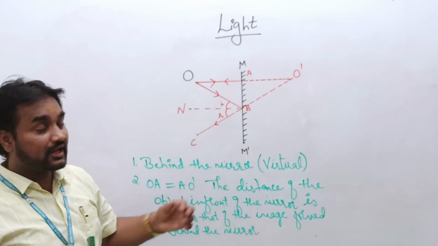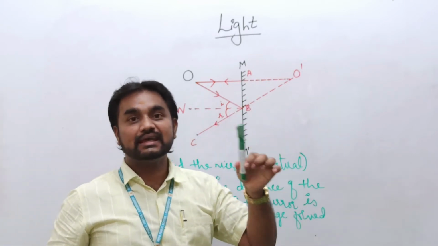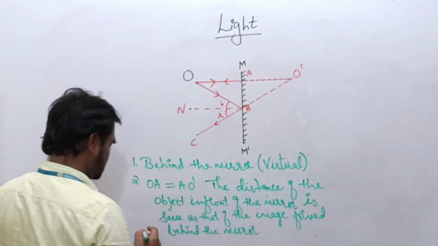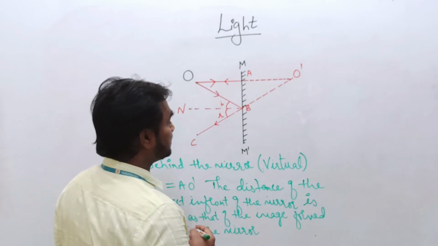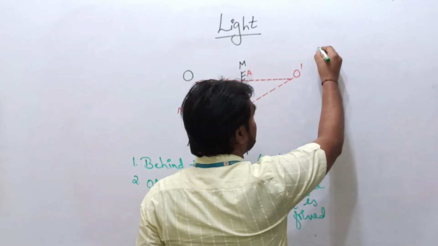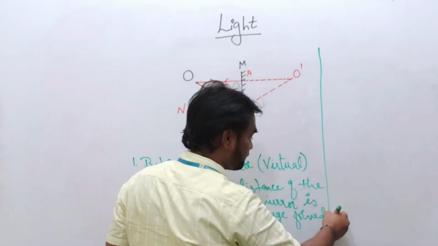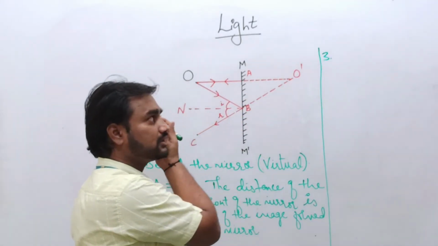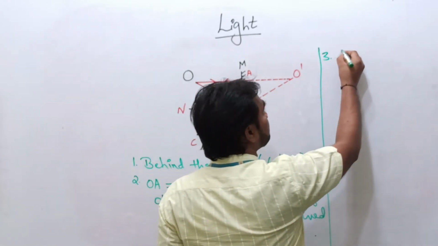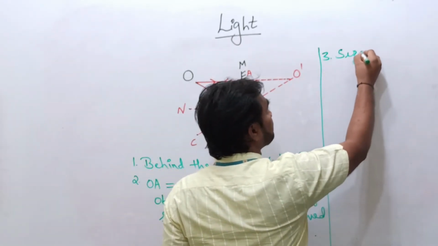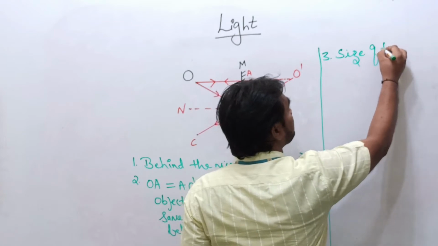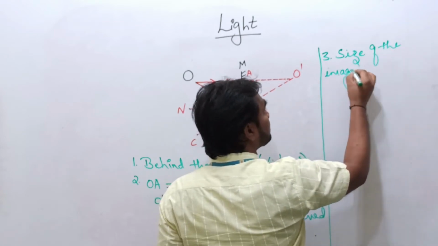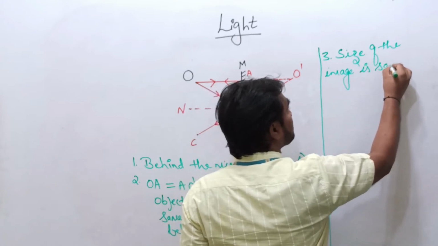Next point. The image would appear erect. So all virtual images are erect. Okay, third point, let me write it here. So the third point is the size of the image is the same.